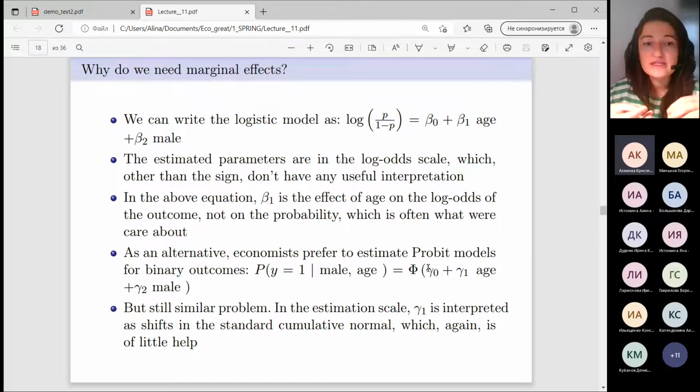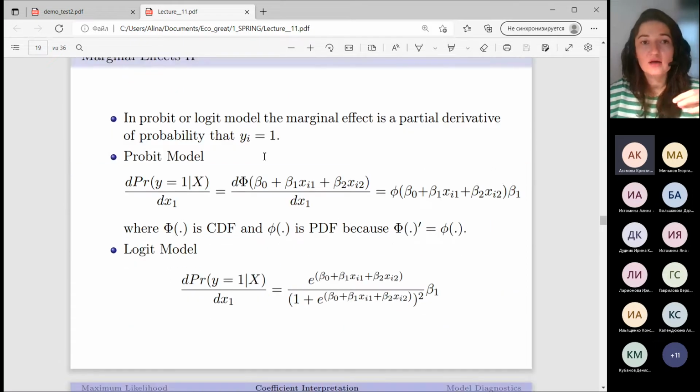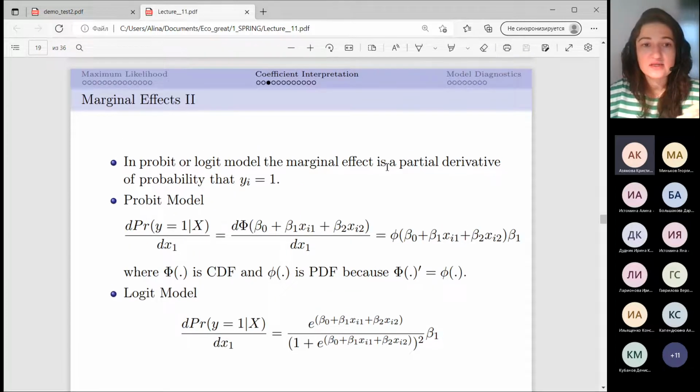So in both cases, we have very similar problems. In logit and in probit models, it's very hard to interpret the beta parameters directly. Let me show you once more what we just discussed.